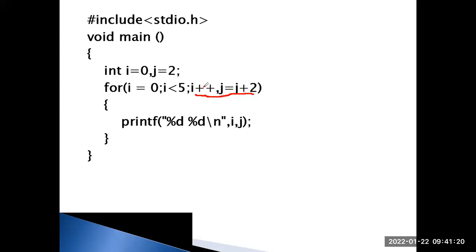It starts from the left side and ends with the right side, and then it goes for condition testing. First it increments the i value, then control goes to j equal to j plus 2. After this updating, the loop is tested with the condition, that it satisfies i is less than 5.